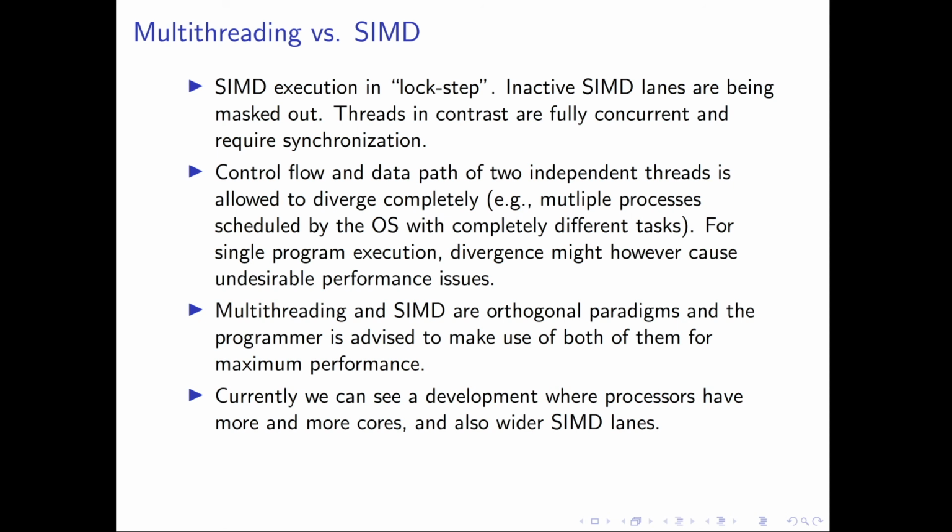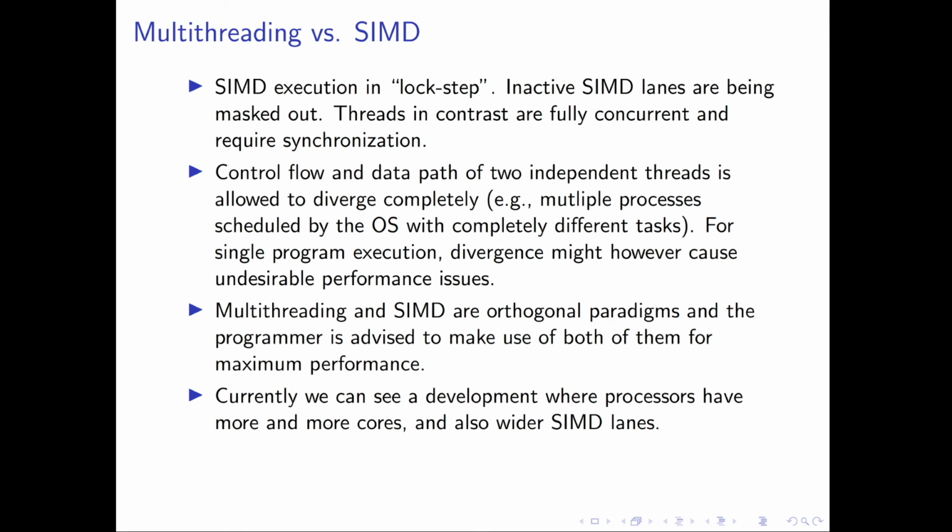Just think of a multi-process OS where you have different processes that are scheduled at the same time, and they perform completely different tasks, and they do this completely independent of each other.